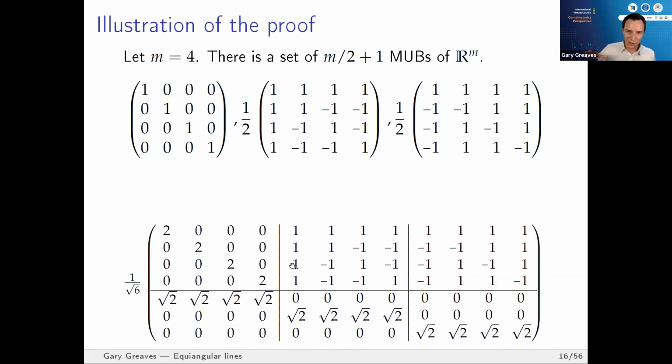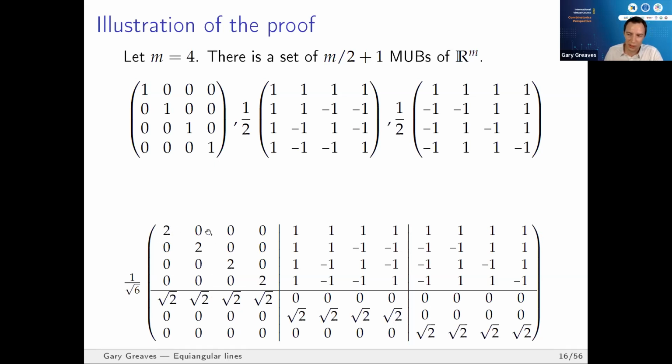So the idea is I'm just adding on some vectors and making sure that the inner product between any pair of vectors that's originally inside an orthonormal basis has the inner product that I want, just by putting in some extra entries. So that's the idea. So now this set of 12 lines is an equiangular set of lines.